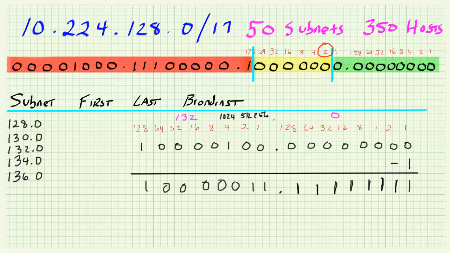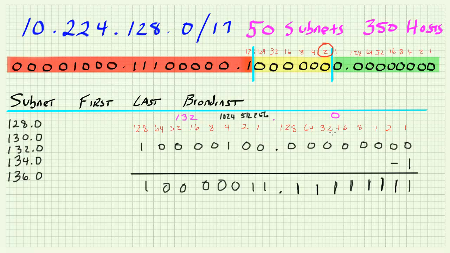Remember, we just used the 130.0 subnet to calculate the broadcast for the 128.0 subnet, so we always use the next subnet as the basis for configuring the broadcast for the previous subnet, because our rule states that we're going to figure the broadcast by taking the next subnet and subtracting 1 from it. So we're taking 132.0, or 10.224.132.0. I'm focusing on the last 2 octets because that's all that's changing.